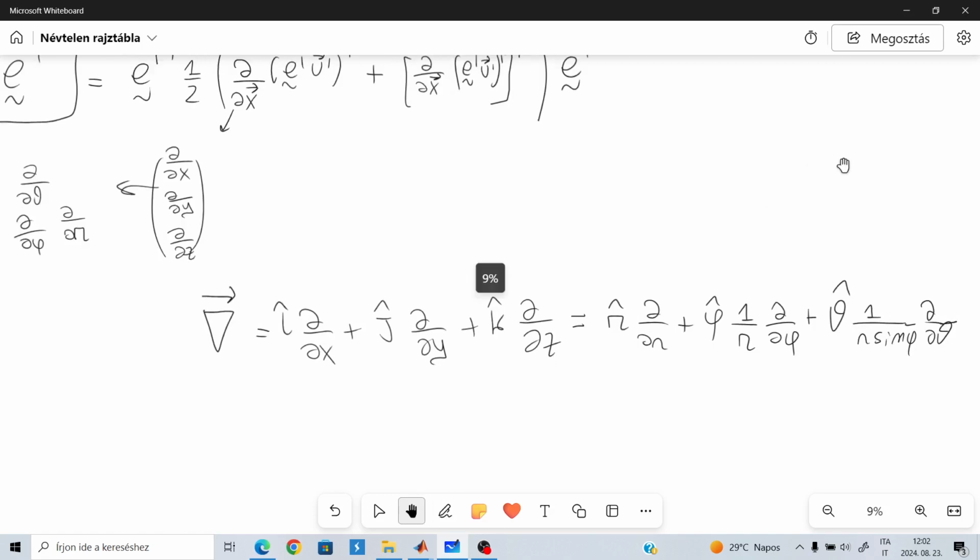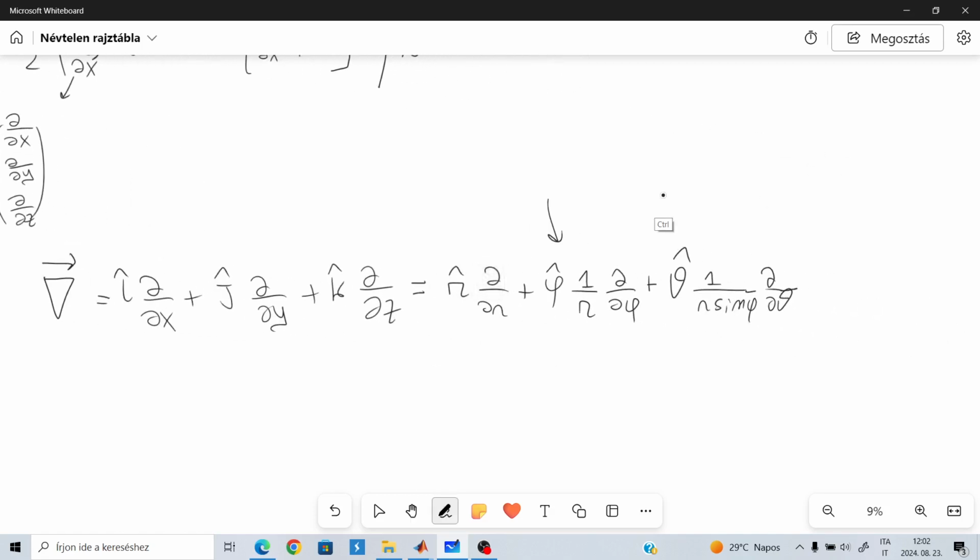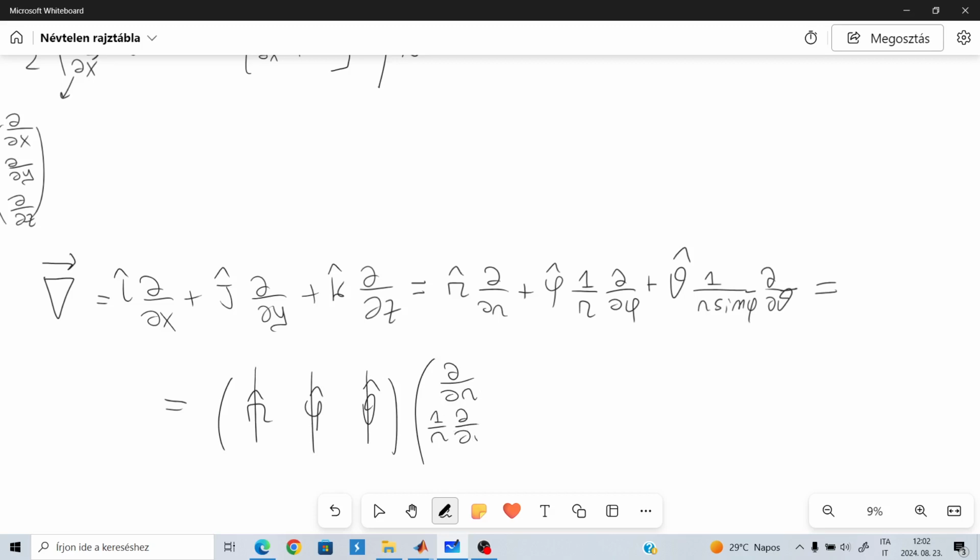One can derive this expression here. And this expression can also be recast in a different form. So in matrix notation, we have r phi theta applied to the vector d over dr, 1 over r d over d phi, and 1 over r sine phi d over d theta.